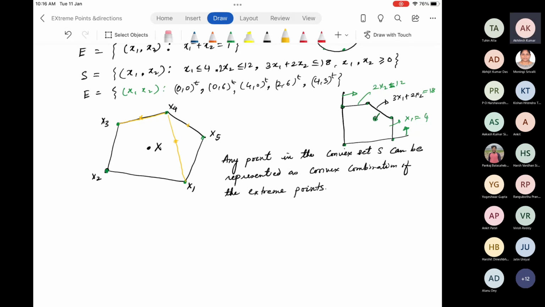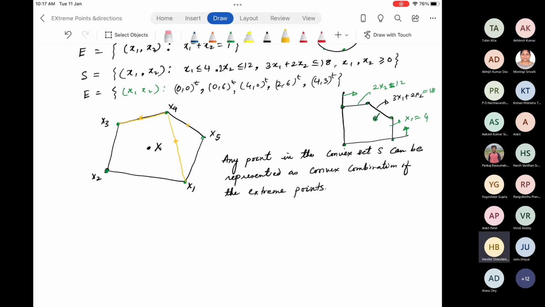If I start spoon feeding like second year, how would you know? Tell me how you will define x such that it is a convex combination of extreme points. We have to experiment a little bit. Otherwise, how will you learn? Do the experiment. All of you, try to show me that x is a convex combination of the extreme points.